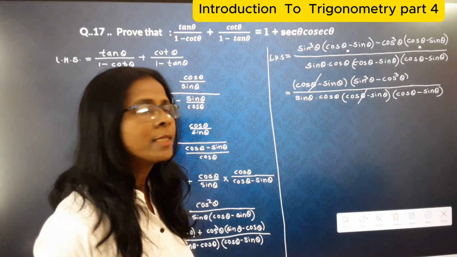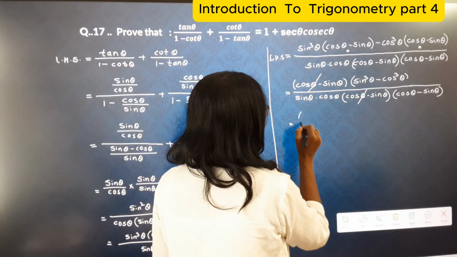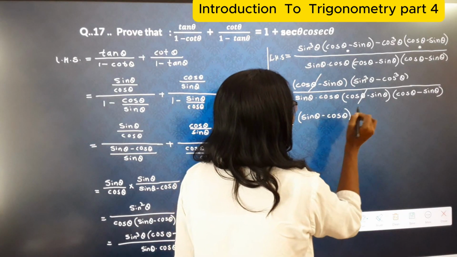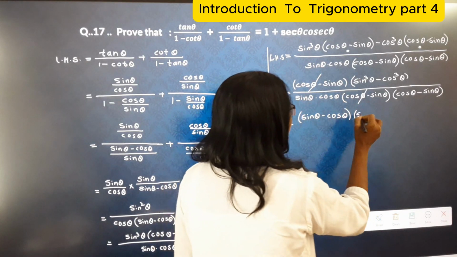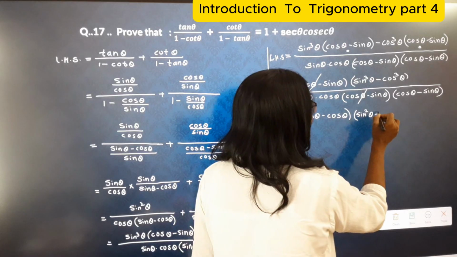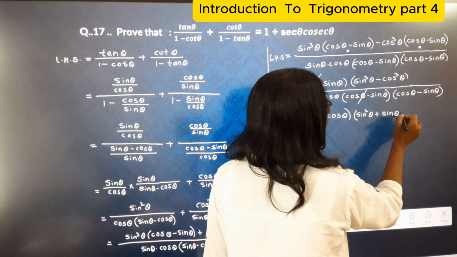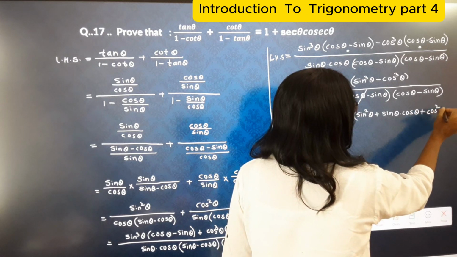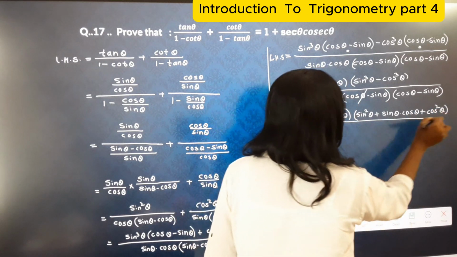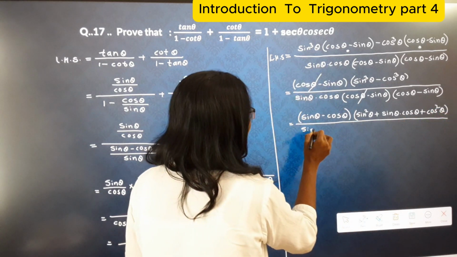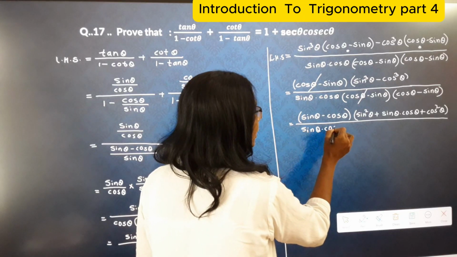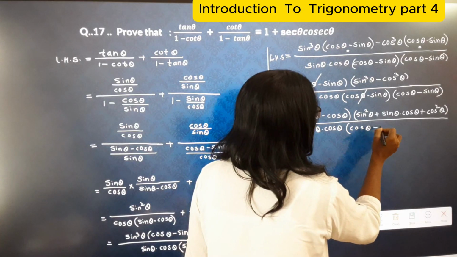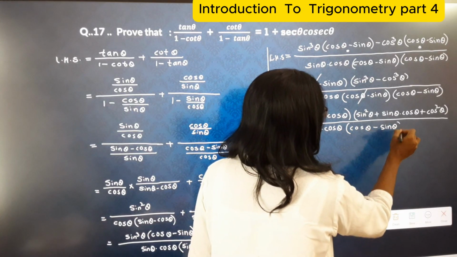So we expand it. The formula becomes sin theta minus cos theta, in the bracket sin square theta plus sin theta multiply cos theta plus cos square theta, then divided by sin theta multiply cos theta, and in the bracket cos theta minus sin theta.